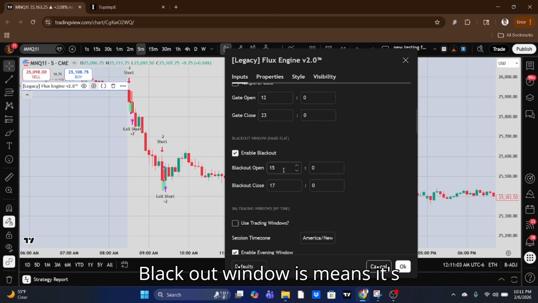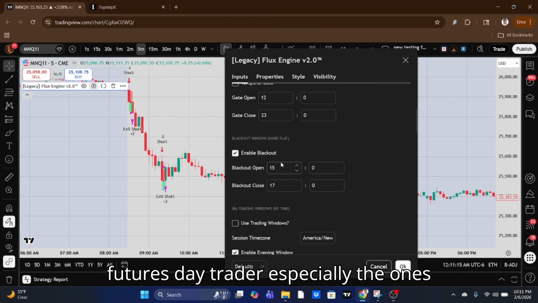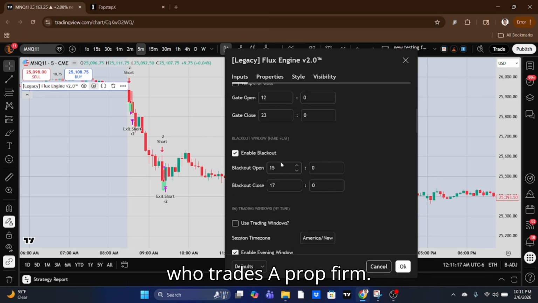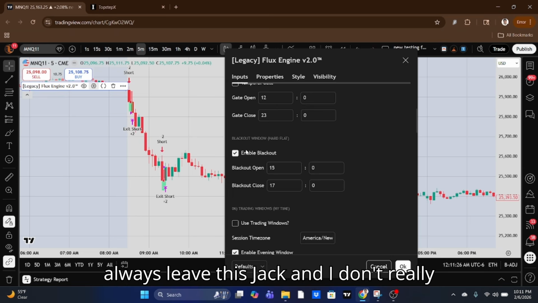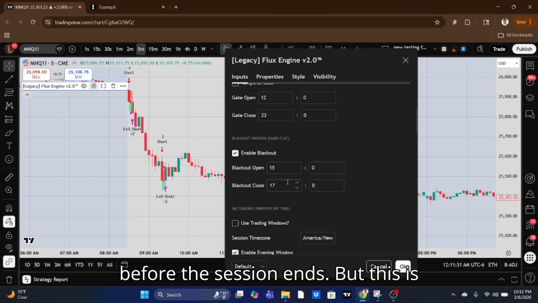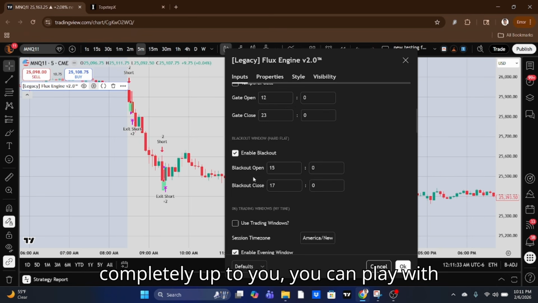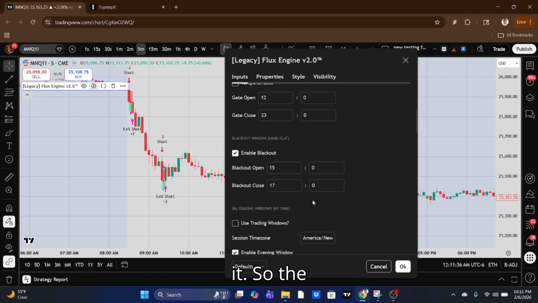Blackout window basically means it will close at the end of the session, and this is beneficial for futures day traders, especially the ones who trade with a prop firm, because you will need to close your trade at the end of the session, and I always leave this checked. And I don't really advise changing any of this because it seems like it has been closing just fine before the session ends, but this is completely up to you. You can play with it.